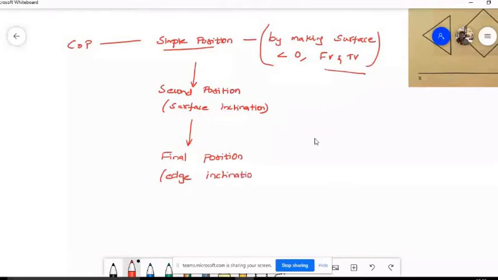This is how these two categories of problem need to be solved: two steps for the first category and all three steps for the second category. Any doubts in this?